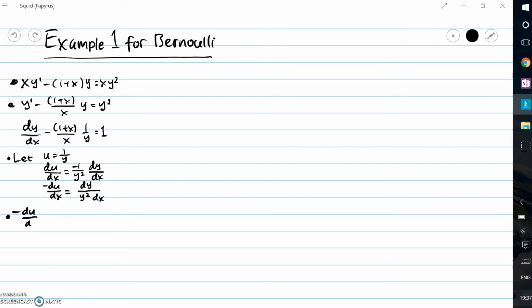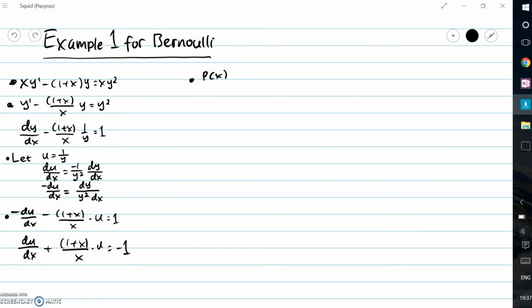Substitute u and du over dx into the equation, making everything in terms of u and x. Now we have a linear equation. Multiply both sides by -1 to make du over dx positive. After making it into a standard linear form, we just use the method we used to solve a linear equation.